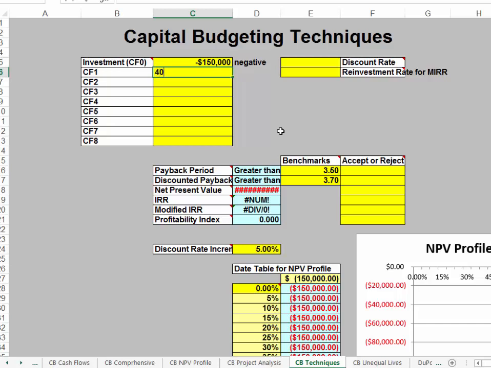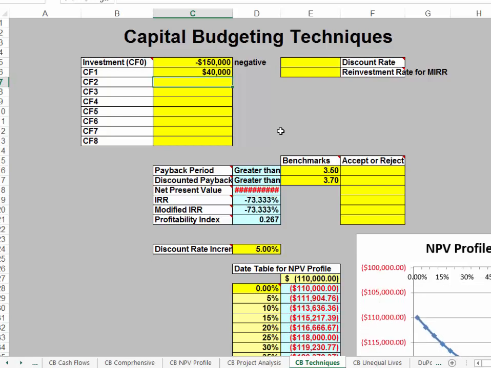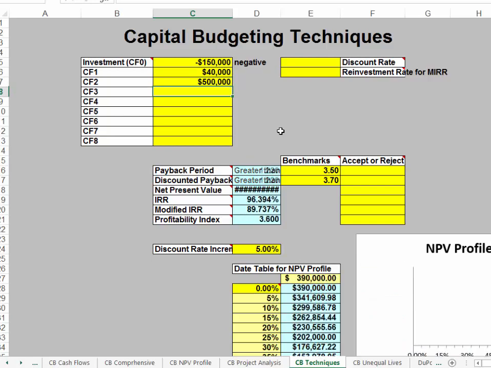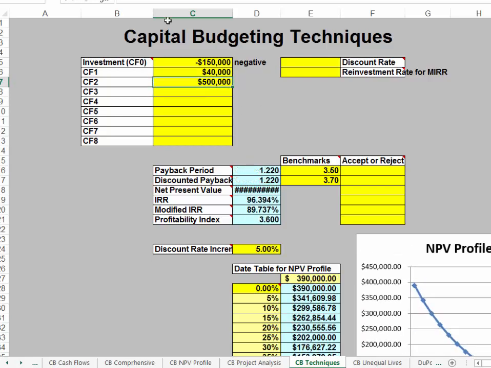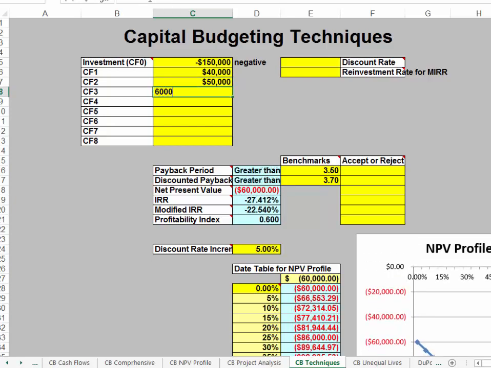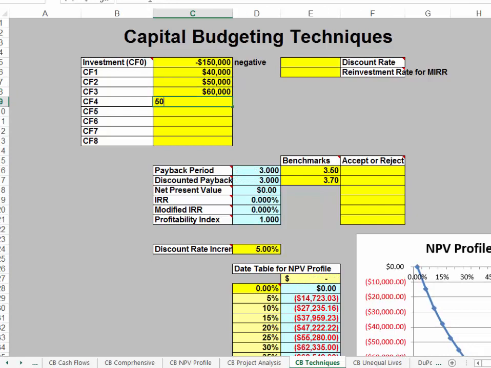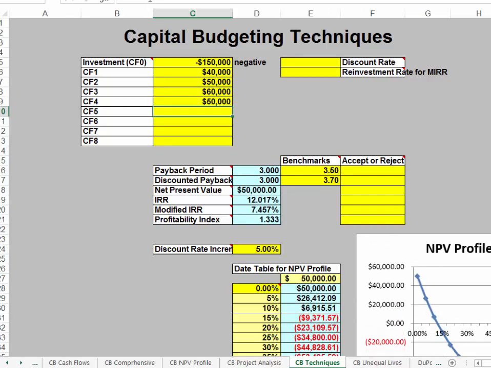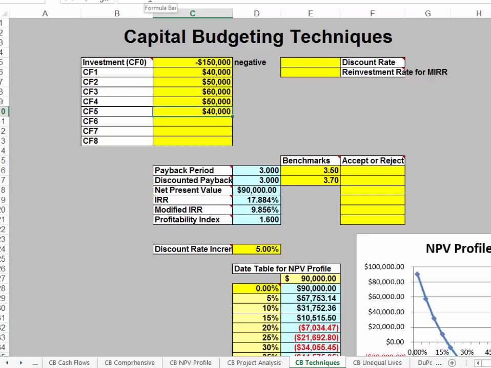So let's say in the first year we get $40,000, then we get $50,000. Then we get $60,000. Then let's go back to $50,000, and let's go to $40,000. So those are the cash flows. It's a 5-year project, and those are the projected cash flows for the life of this project.